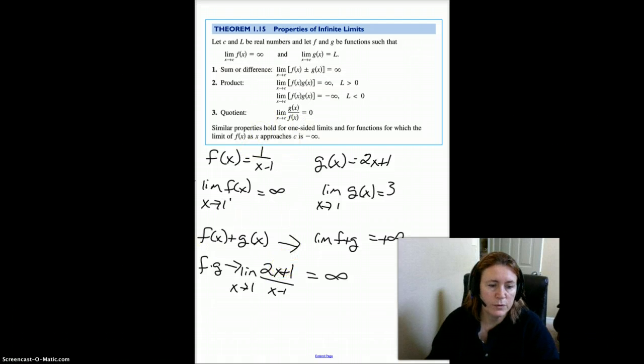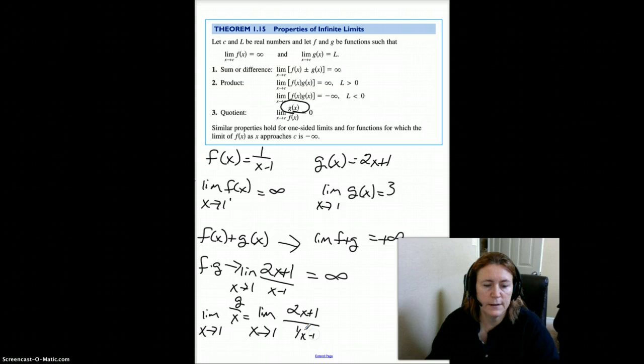And the quotient rule, and this is important, remember the numerator is not 0 in this case, it's g of x. The limit as x goes to 1 of g over f is the limit as x goes to 1 of 2x plus 1 divided by 1 over x minus 1.